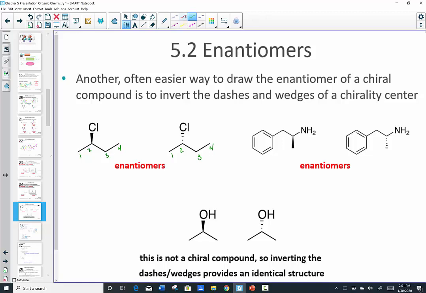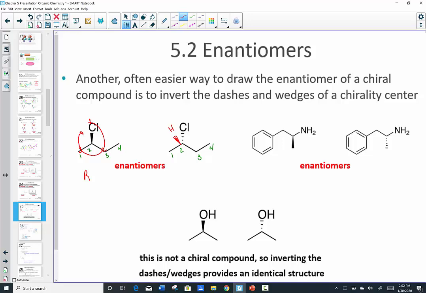Now prove it to yourself that this really did change the configuration. Notice that chlorine is priority number 1. A carbon attached to 2 other carbons is priority 2. And then here, priority 3. We labeled this the R configuration. Now remember, what happens here is that the priority is now the dash.